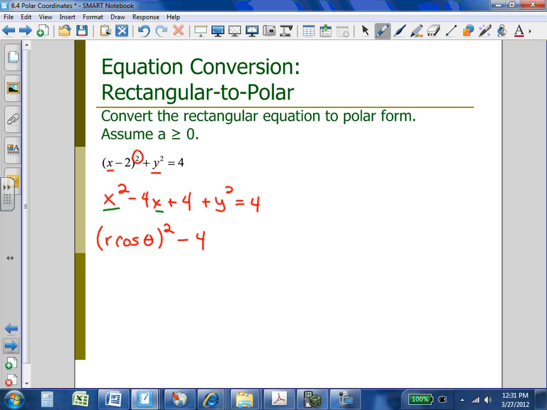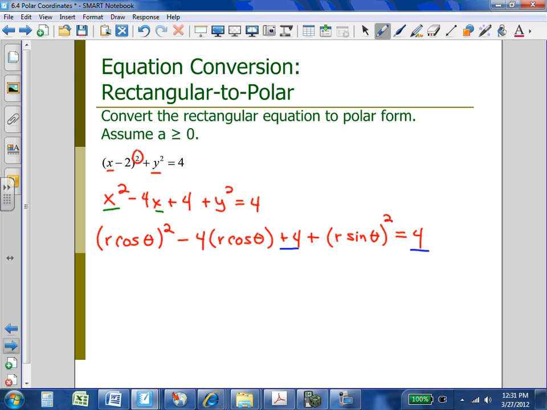Minus 4 times, here's another x to replace, r cosine theta, plus 4, plus, now I've got y squared, so that's r sine theta, replace the y, and it is squared, and it equals 4. I'm going to clean this up a little bit here. See how I've got a plus 4 and a 4 over there. Subtract 4 off of both sides, and those are going to get out of our way.